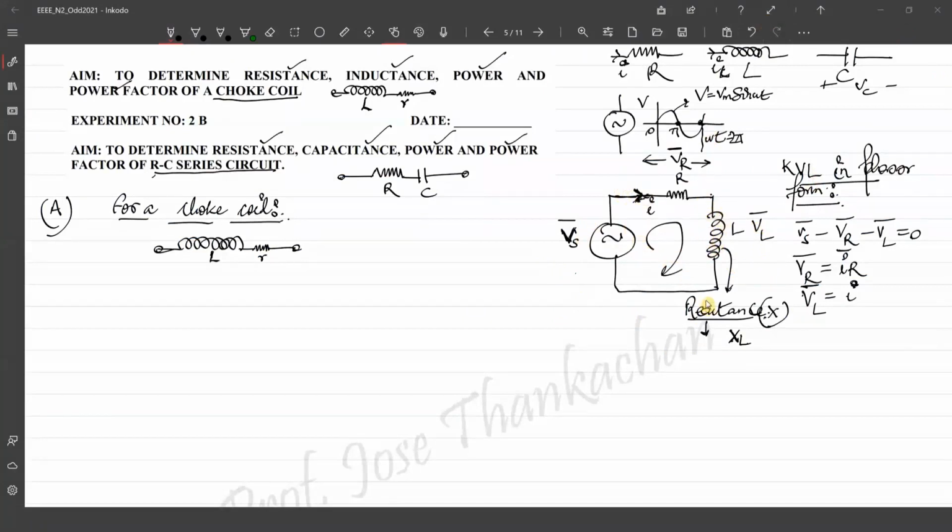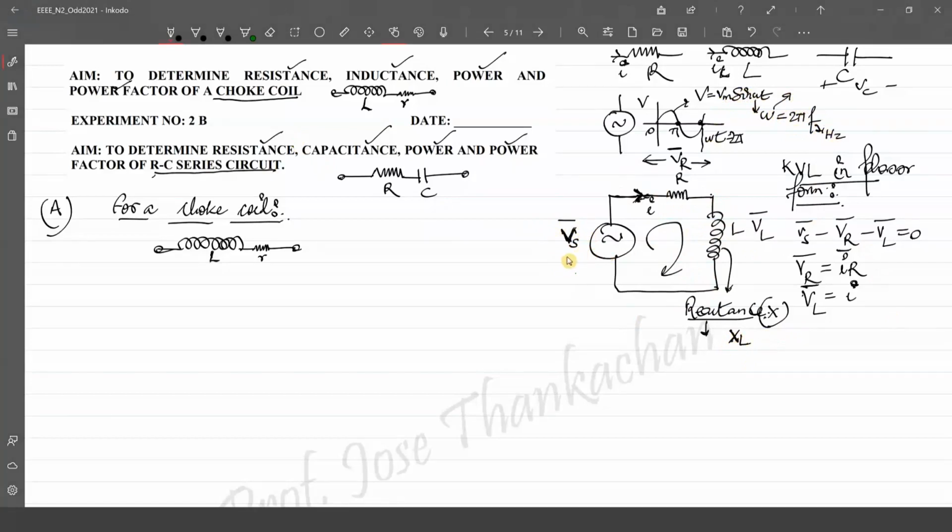So we were talking about the choke coil and the reactance for an inductance. There is an inductor. It offers an opposition to the flow of current through it, and that quantity is known as the reactance. Now, how do you represent this reactance? This reactance depends upon the frequency of the supply. Whenever there is an AC supply, it is represented as Vm sin omega t, where omega is 2 pi into f, the frequency in radians, and f is the frequency in hertz.